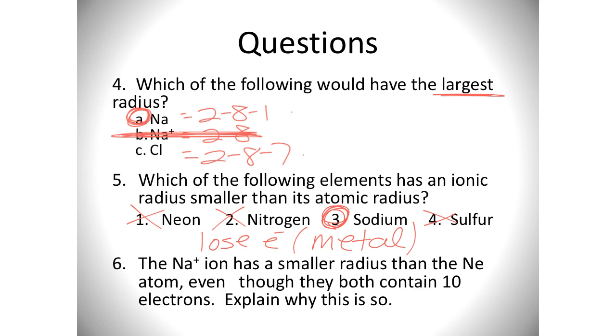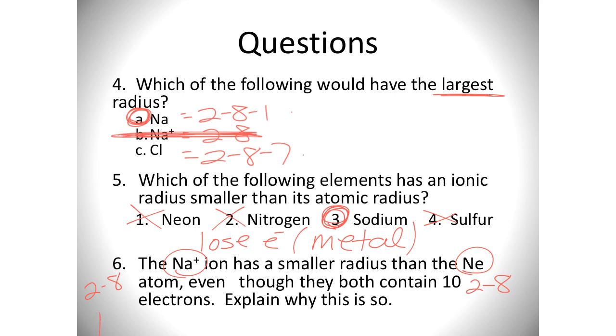Last question. The sodium ion has a smaller radius than the neon atom, even though they both contain 10 electrons. So sodium is 2-8-1. The sodium ion lost an electron to become 2-8. Neon is also 2-8. So they have the exact same electron configuration. They both contain 10 electrons.